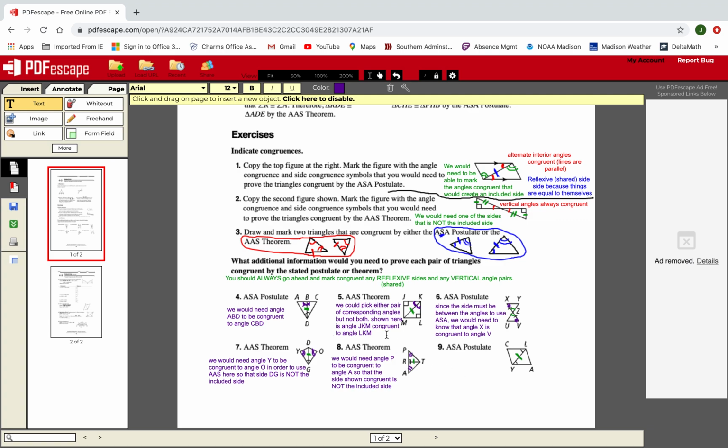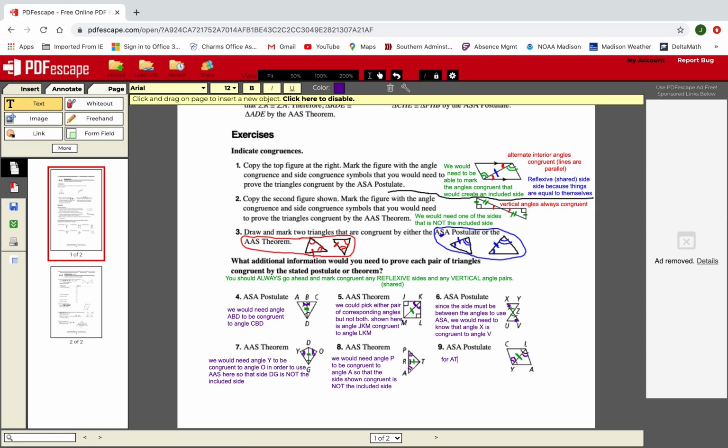Okay, so for number 9, last one, the ASA postulate. Here we have a side and we have an angle, but we want the side to be included this time. So we would need to know that the angles that make that side the included side are the ones that are congruent, okay?